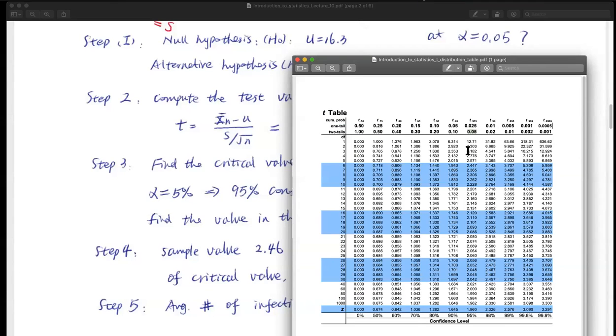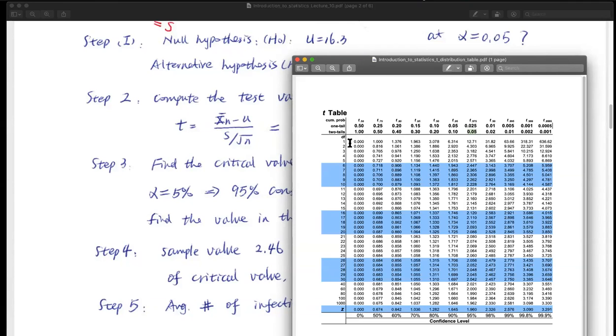Everybody, follow me. Very, very important, the next 1 or 2 minutes. We are looking for a number in this column, because we found 0.05, which is alpha, for 2 tails. Now we are going to select one number from this column. Which number is determined by DF, which means degrees of freedom.